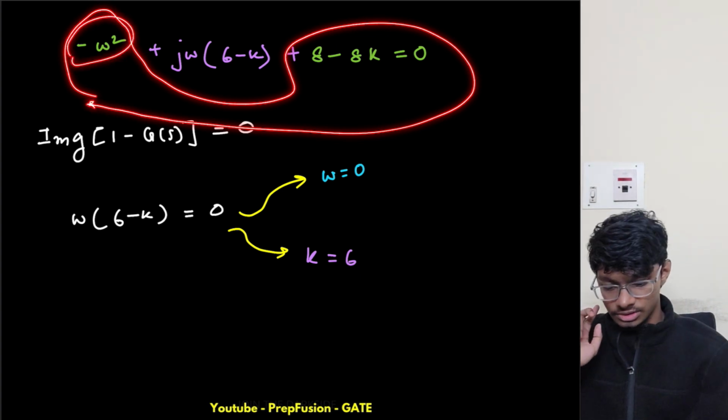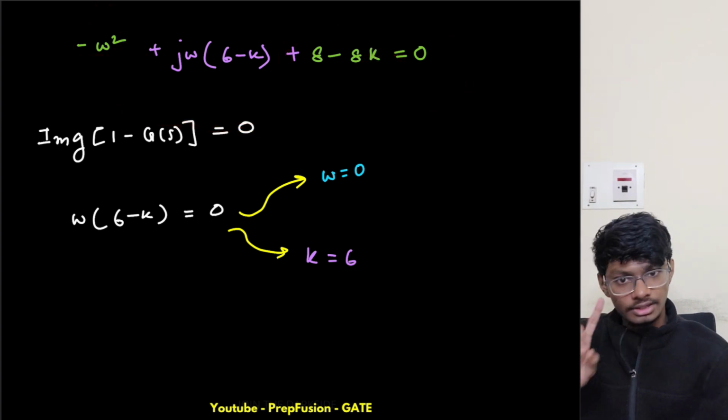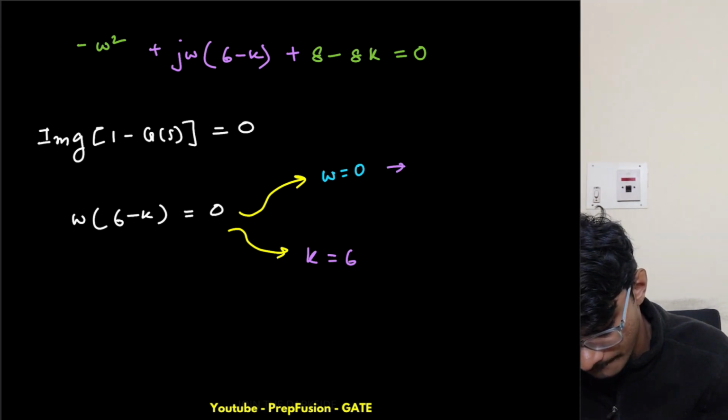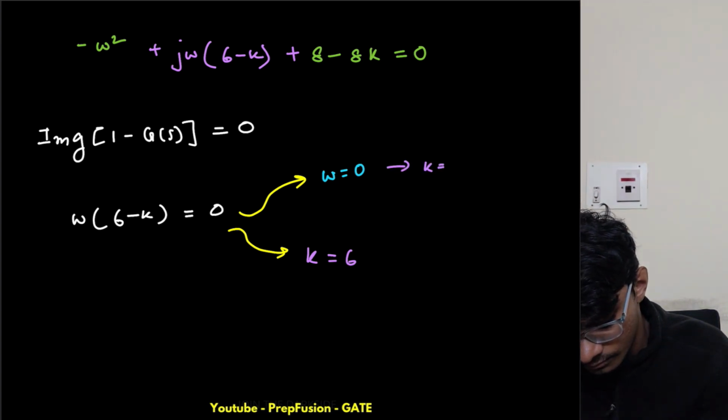You make omega 0, this term goes to 0, and this makes 8 minus 8k equals 0. So my k is 1.